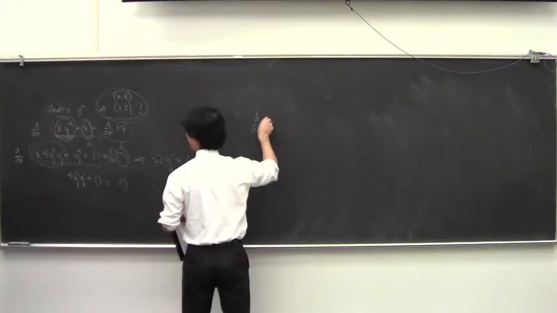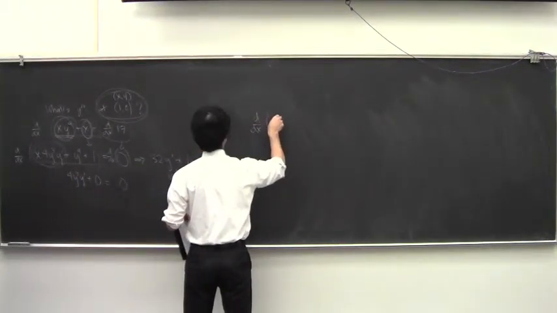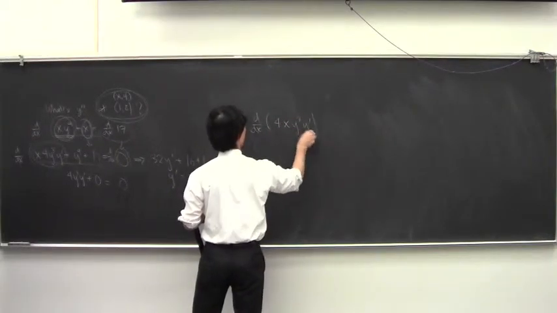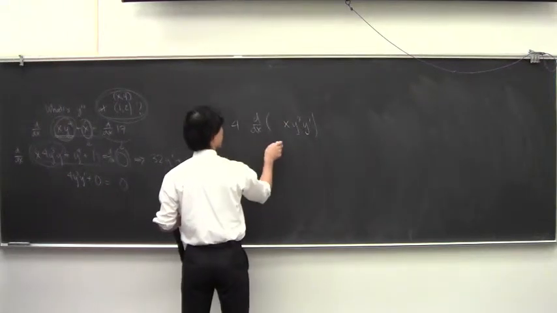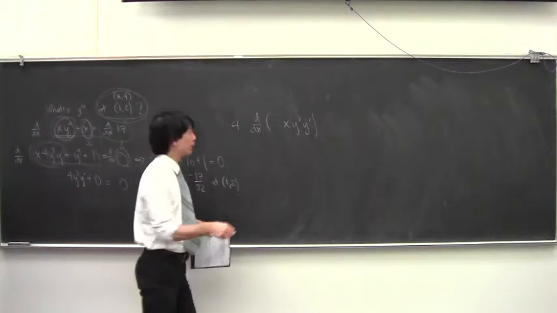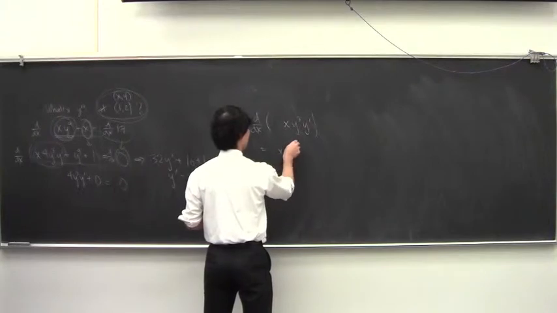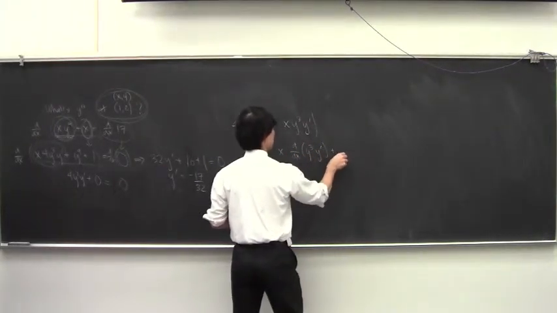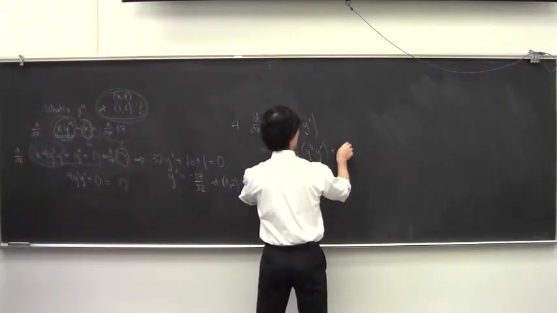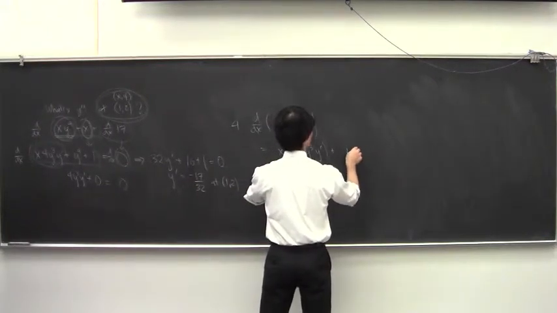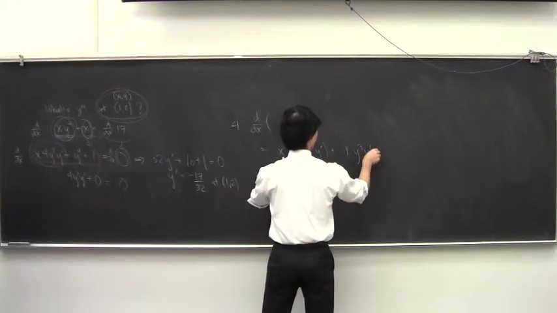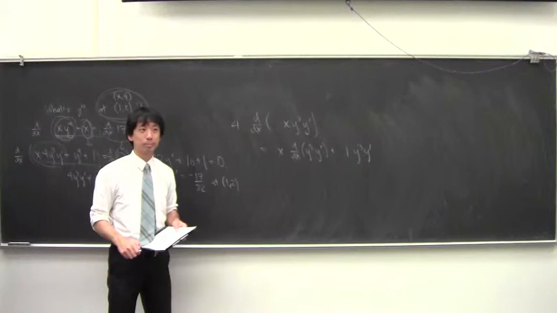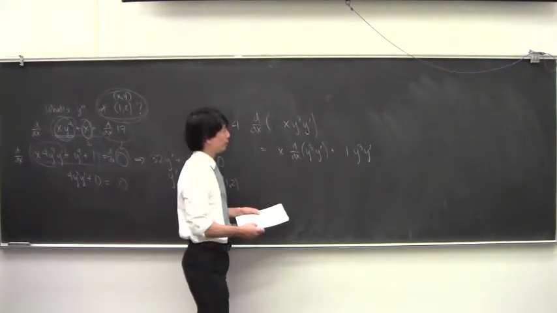The derivative of 4x y cubed y prime. I'm going to move the 4 out. So you've got the first thing times the derivative of the second thing plus the derivative of the first thing, which is 1, times the second thing, which is y cubed y prime, by the product rule.